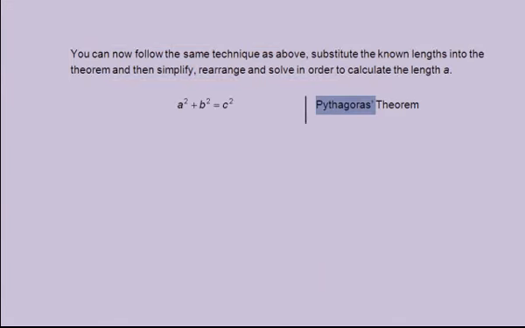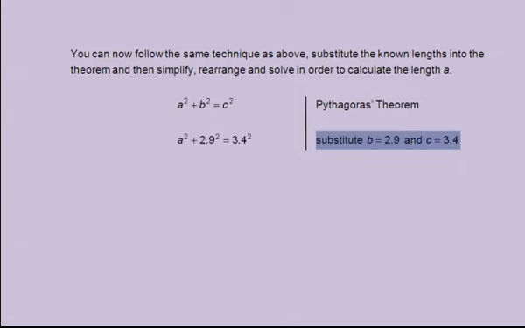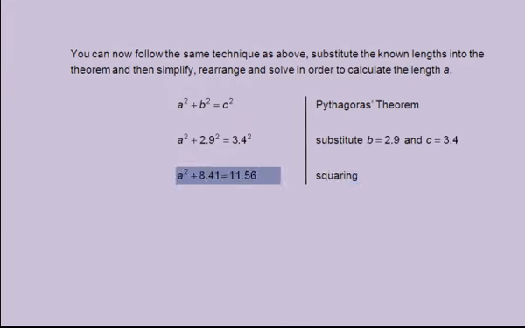Firstly, state Pythagoras' theorem. a squared plus b squared equals c squared. Substitute. b equals 2.9 and c is equal to 3.4. So a squared plus 2.9 squared equals 3.4 squared. Perform the squaring. 2.9 squared is 8.41 and 3.4 squared is 11.56.